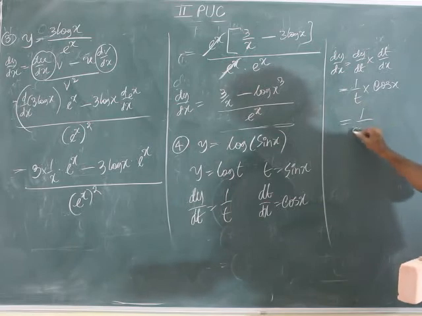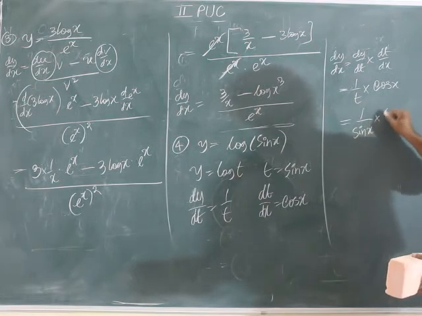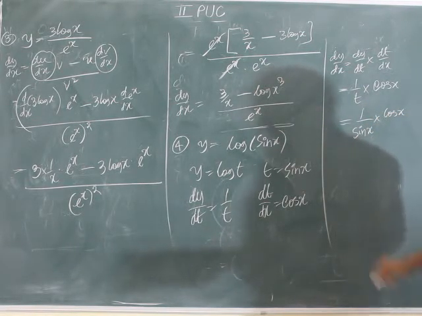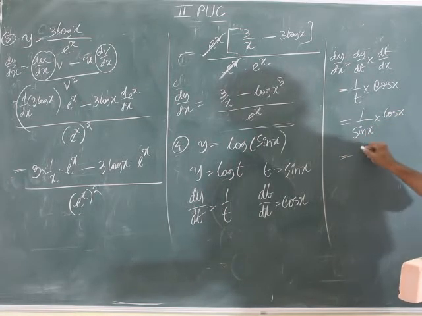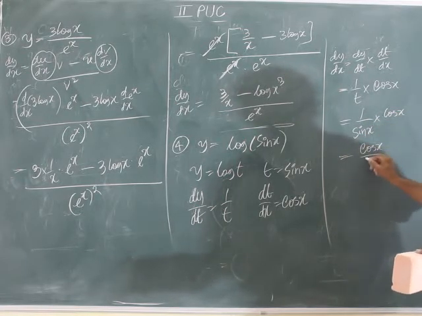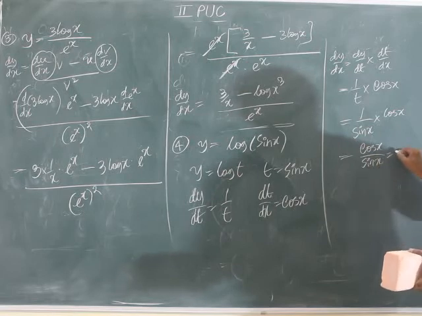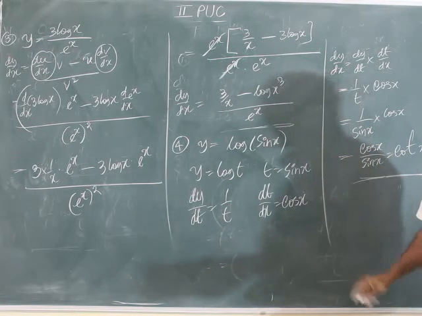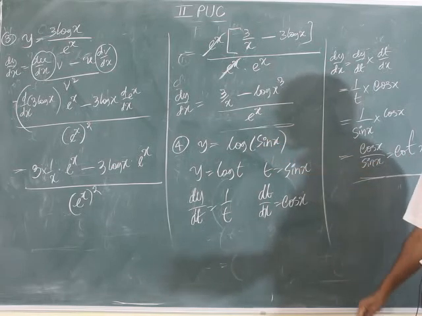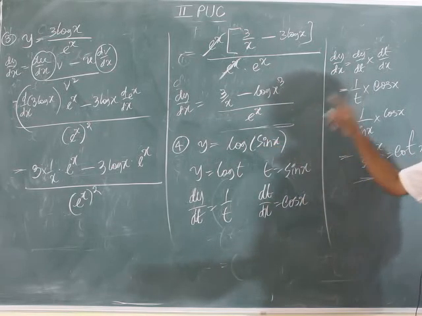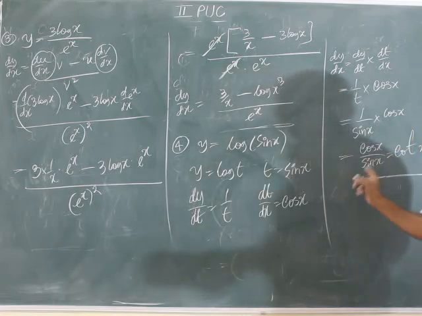Resubstitution of t, 1 by sin x into cos x. But it is nothing but cos x by sin x. Correct, no? Cos by sin you are writing as cot x. Chain rule also you can use the log function. Log t, derivative is 1 by sin x into cos x, cot x.